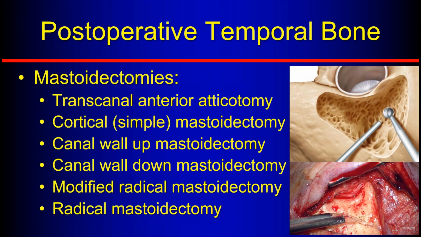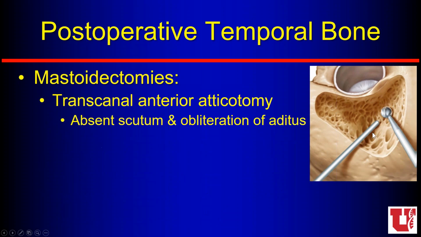So if we go through the EAC canal itself, it's very different than a mastoidectomy. If it's a transcanal atticotomy or resection of the mastoids, then we may see absence of the scutum itself and the ossicles, depending on how the approach was. They might try to reconstruct it, but we may not see a defect of the mastoid air cells more posteriorly if they just went through the EAC canal itself in those cases.